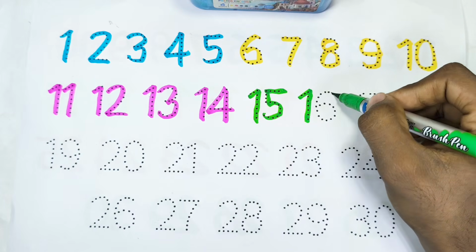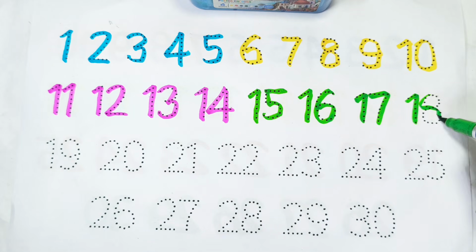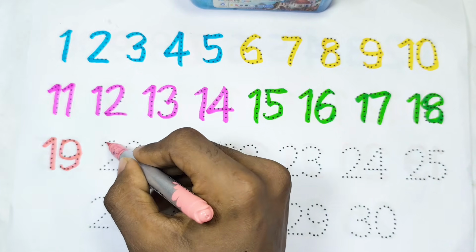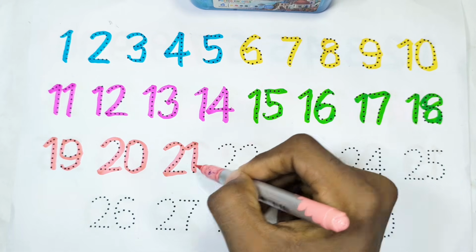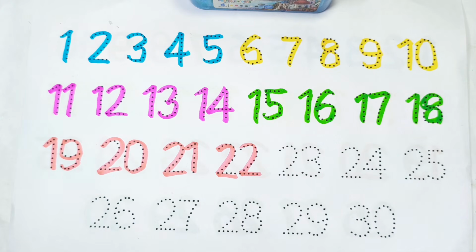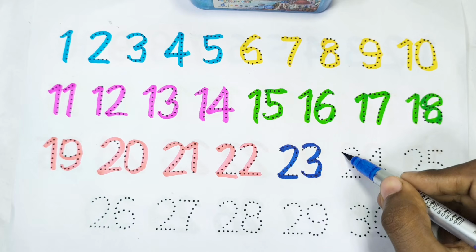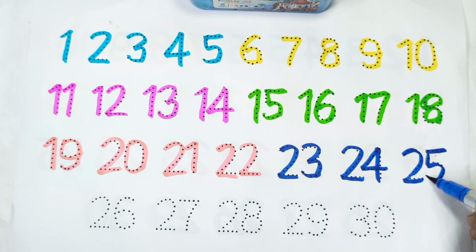15, 16, 17, 18. Kids, now you draw 19. 19, 20, 21, 22. Kids, now you draw 23. 23, 24, 25.